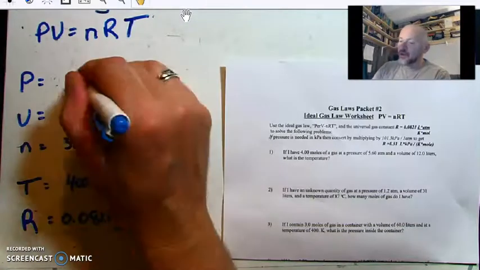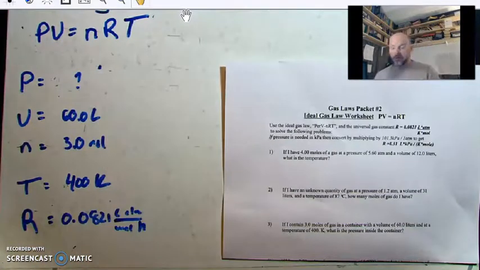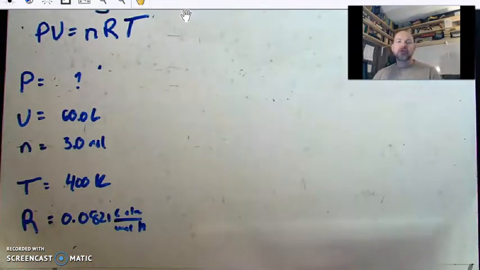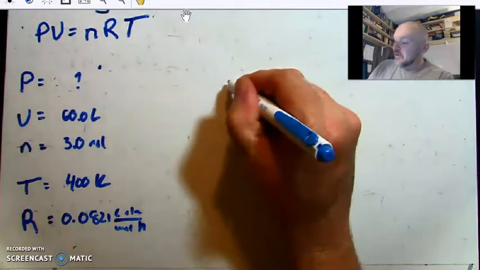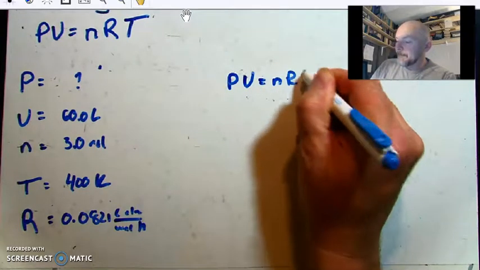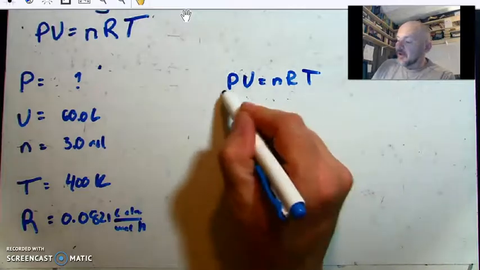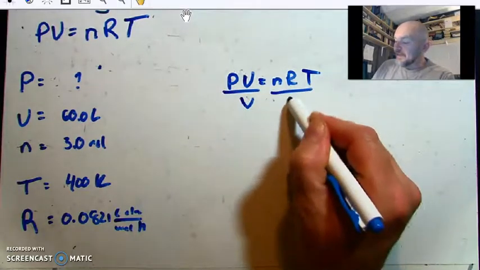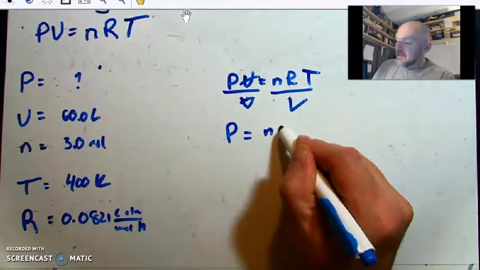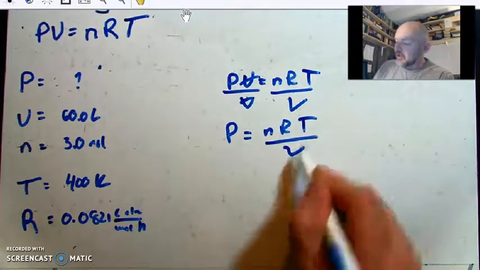What is the pressure? So, identified all my variables. I have a value for everything except one, so I can go to my equation. Starting with PV equals nRT. In this case, I want to solve for P, so I'm going to divide by V on each side, which cancels these, giving me P is equal to nRT all over V.